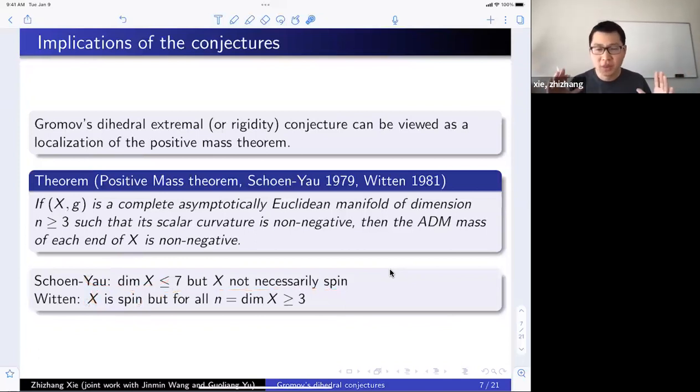So this is a common theme in this business on scalar curvature. You have these two methods. One is minimal surface, one is Dirac method, and one has the advantage that you don't need to assume X to be spin, and the other has the advantage that there's no dimension restriction.